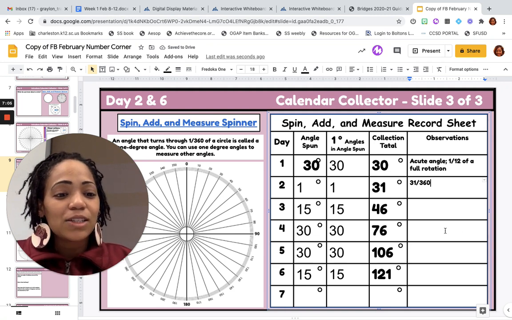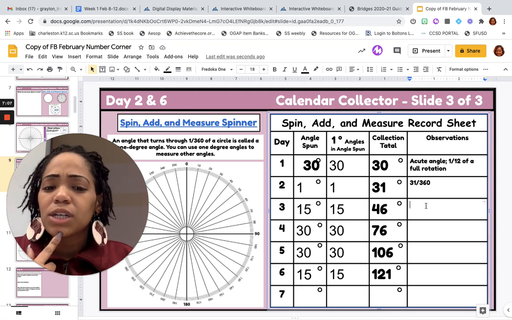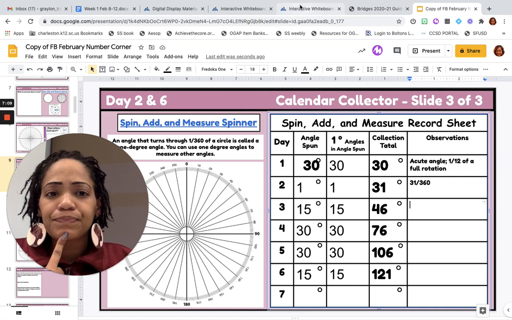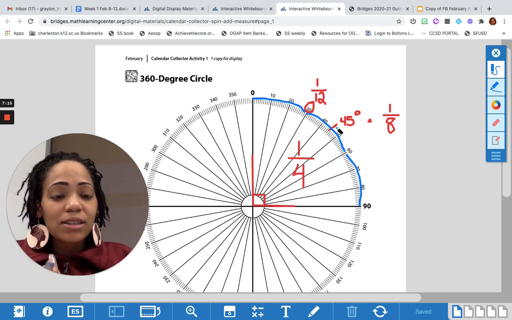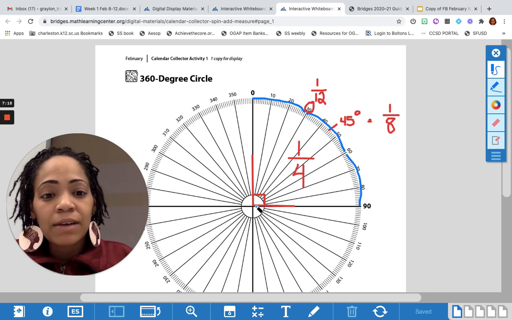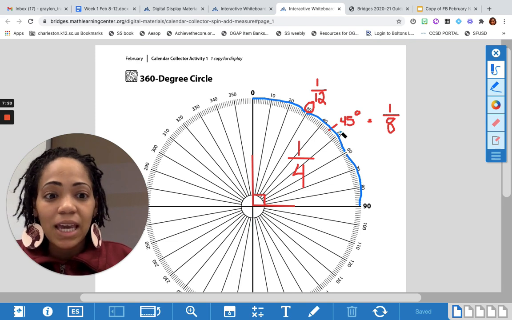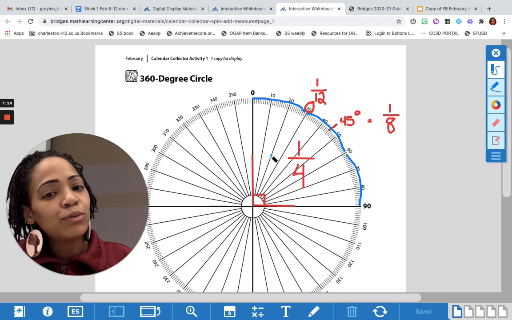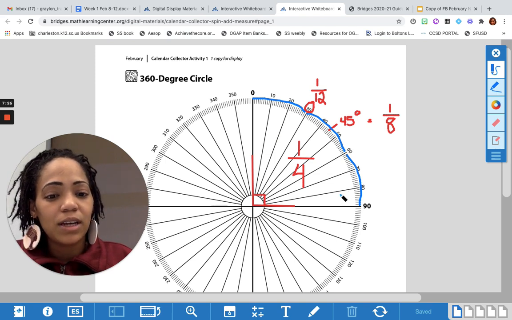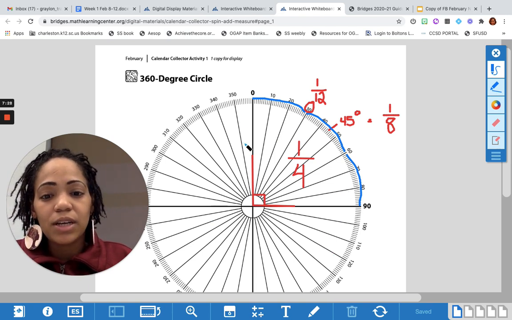Okay. So 46. 46 is really close to what? What else do we label here? Yeah, 45. 46 is close to 45, and we know that 45 was 1/8 because it's half a 90. So then I have two 45-degree angles here, 2 here, 2 here, 2 here.